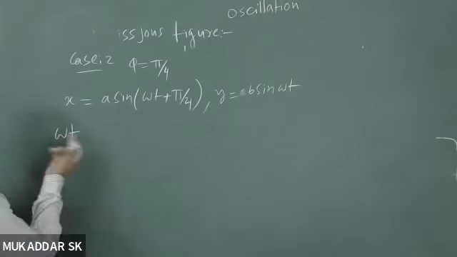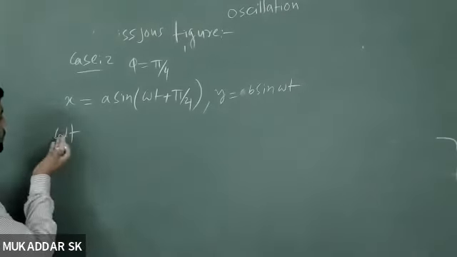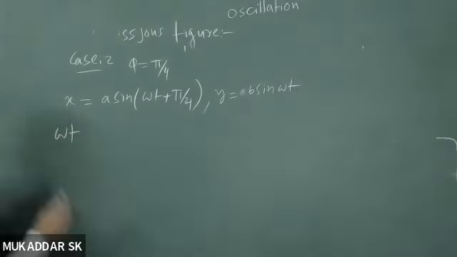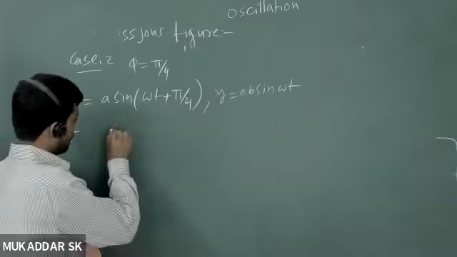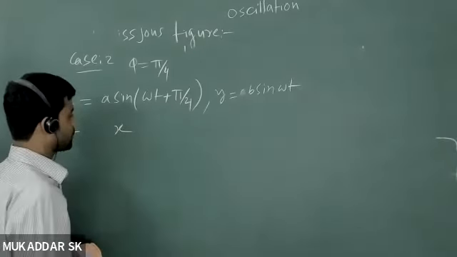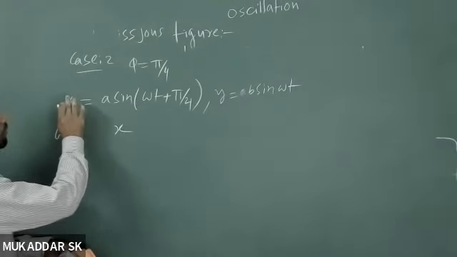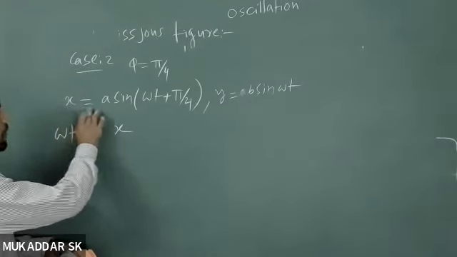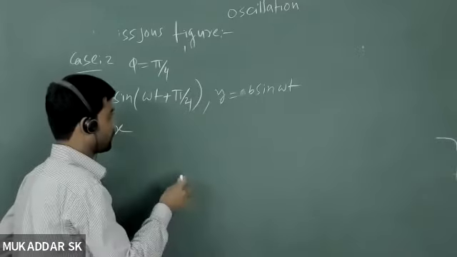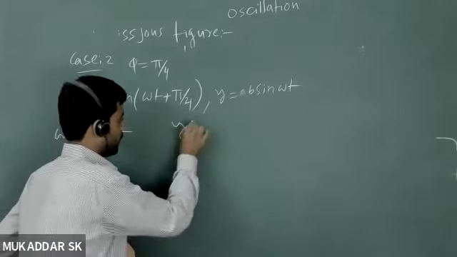So omega t, omega is some frequency of oscillation. t is time, right? And for different times, I'll observe the value of x, the particle displacement of simple harmonic motion happening along the x-axis, and also note y.